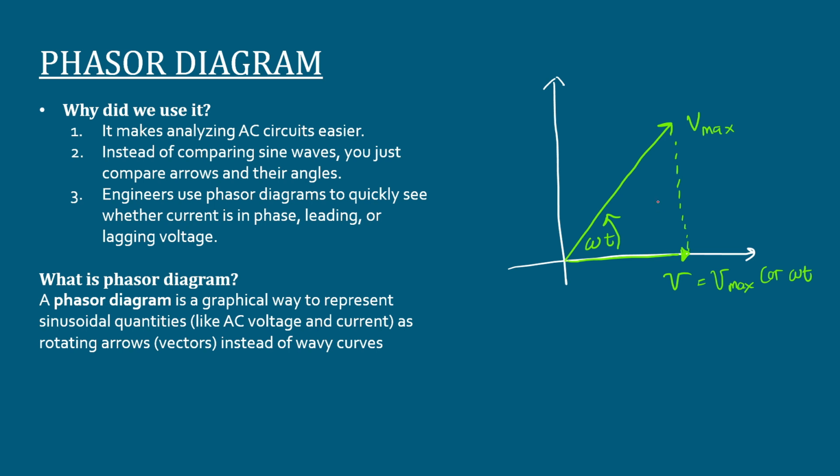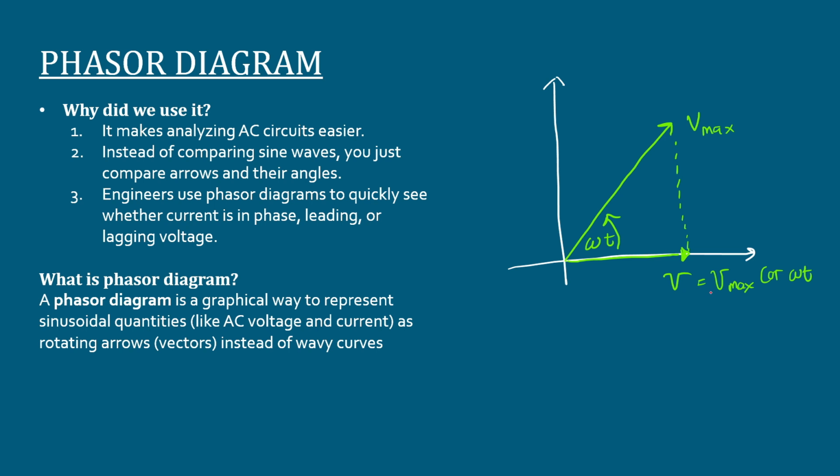Like here, we have a Phasor diagram, a simple one. We have Vmax as the maximum signal for voltage, and we can project onto the x-axis, so we have V, the real value at a specific time for voltage.